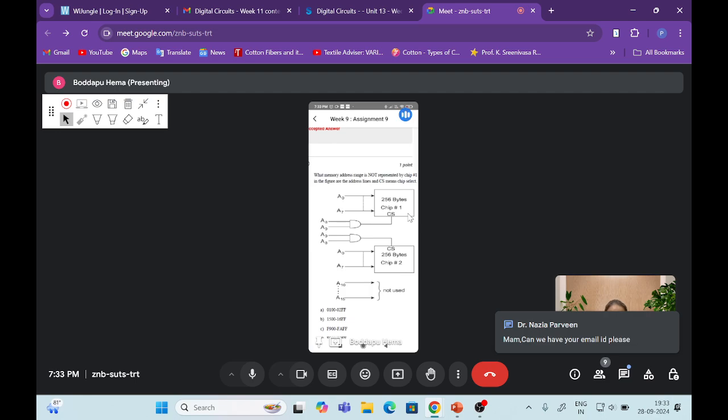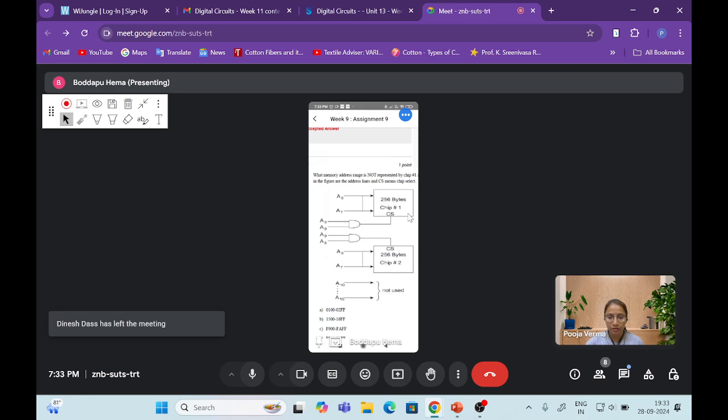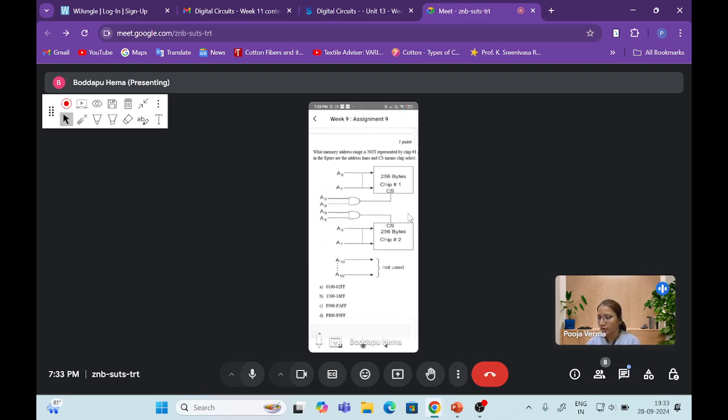What is the memory address range not represented by chip 1 and chip 2? So yeah, let me check. Its memory address is not represented by chip 1 and chip 2.